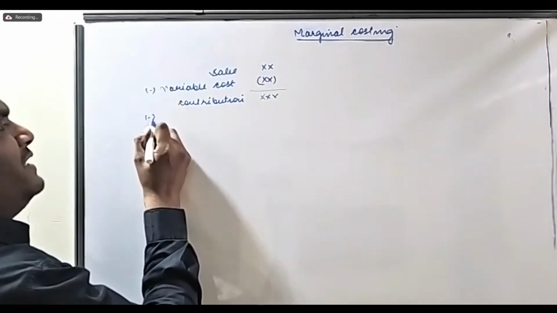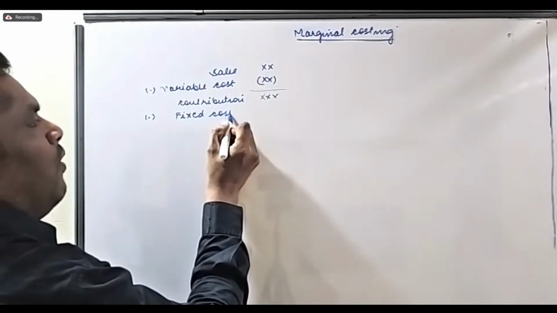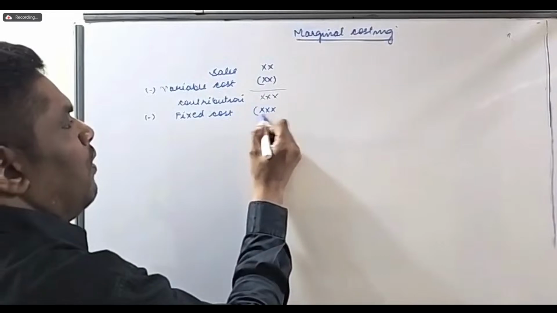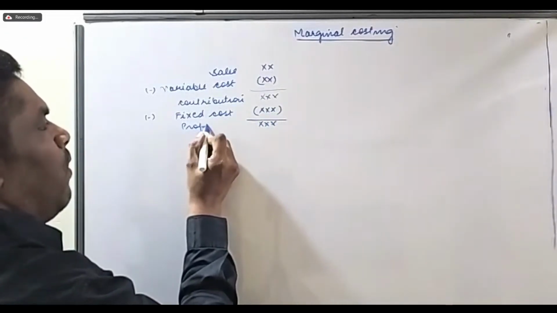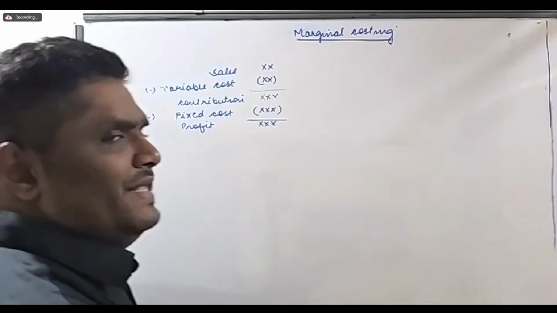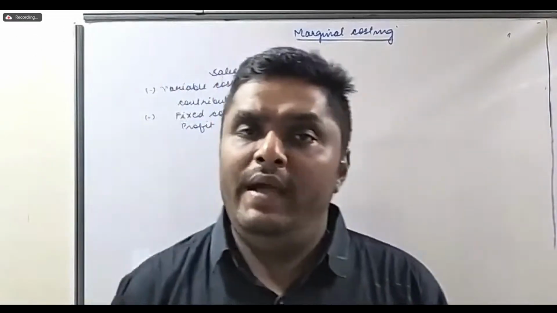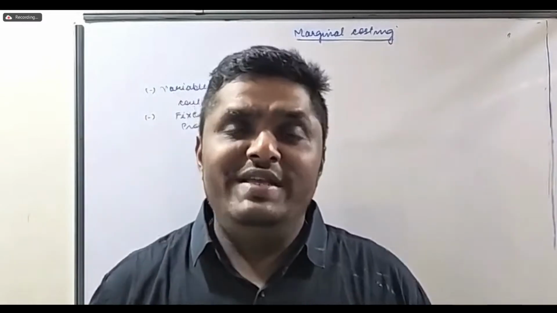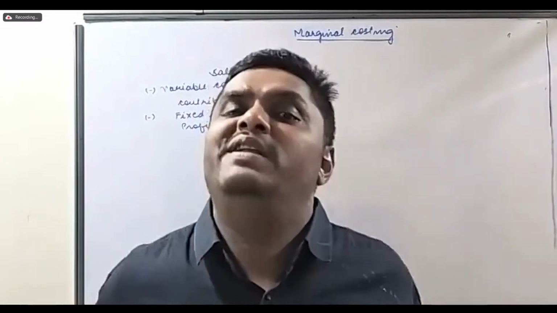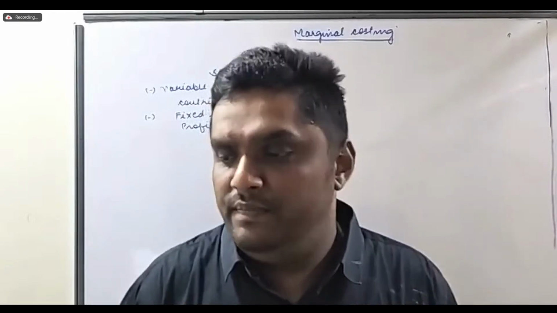If we subtract fixed cost from contribution, we'll get the final figure, profit. So sales minus variable cost is what? My contribution. Contribution minus fixed cost is what? My profit. So these are the 5 terms on which this chapter is based: sales, variable cost, contribution, fixed cost, and profit.